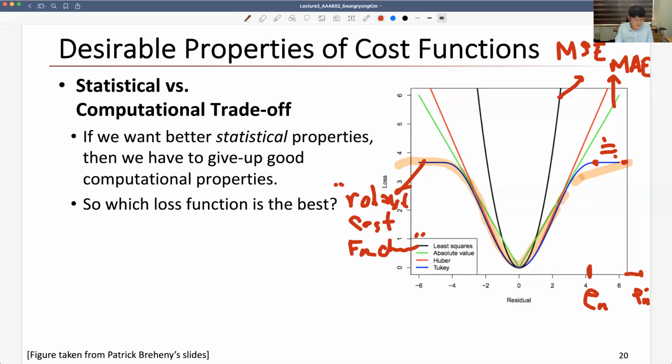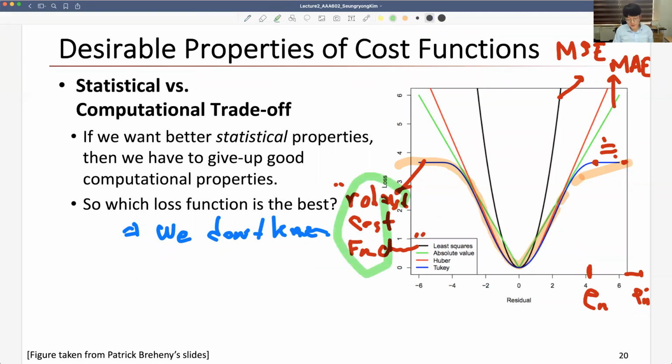Then the question is, which loss function is better? Or which loss function is the best? The answer is, we don't know. Why? Of course, this robust cost function is better than the MSE and MAE, but it demands a high computational complexity to compute the cost values.